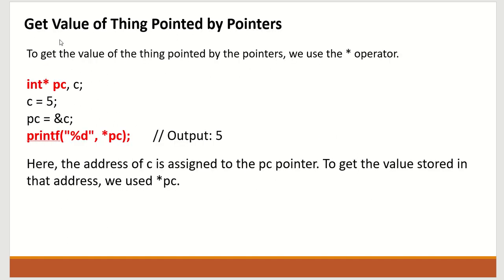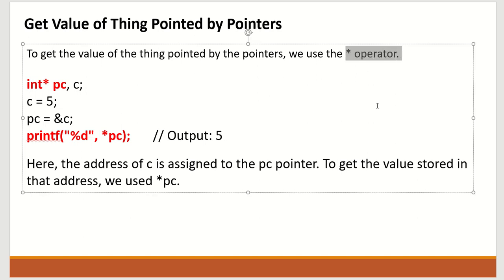Get the value of the things pointed to by pointers. To get the value of the things pointed to by the pointers, we use the asterisk operator. So here you can see int asterisk pc comma c, then c equal to 5. Your pointer is pointing to the address of which variable?